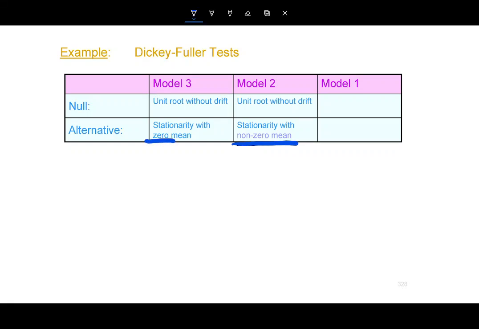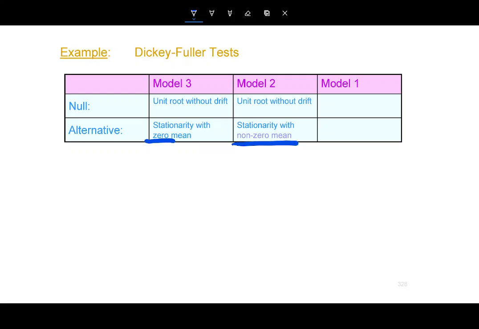Which one you would choose depends on which alternative might be consistent with the data. So let's say the path that you're looking at could be coming from a stationary process. Then the question is whether it evolves around a zero mean or not. That's the only issue.